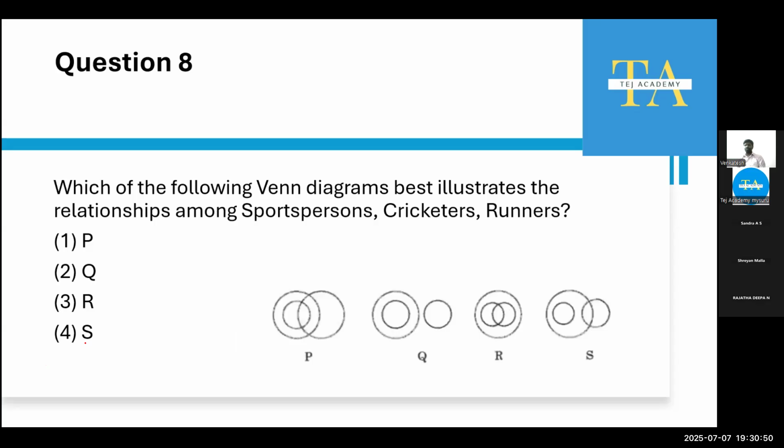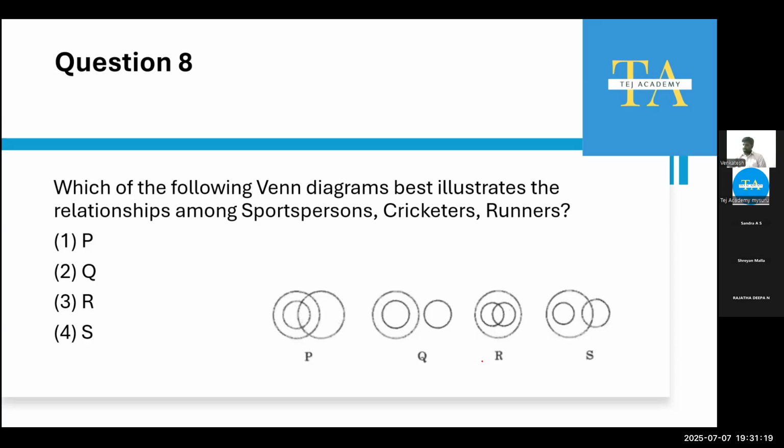Which one of the following Venn diagrams best illustrates the relationship among sports persons, cricketers and runners? Sports persons may include the cricketers and the runners.